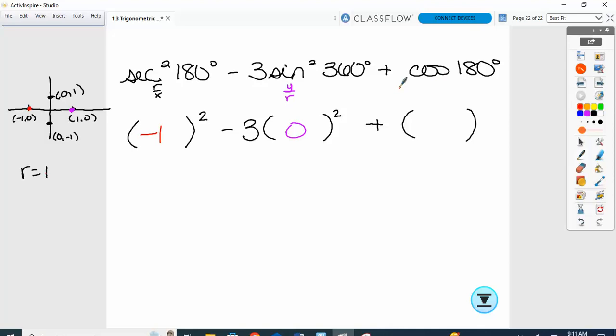Cosine of 180. What's the definition of cosine? At 180, x is negative 1, r is 1, so negative 1 divided by 1 is negative 1. We work this out, negative 1 squared is 1, minus 3 times 0, minus 1, so we get 0 for the overall answer here.